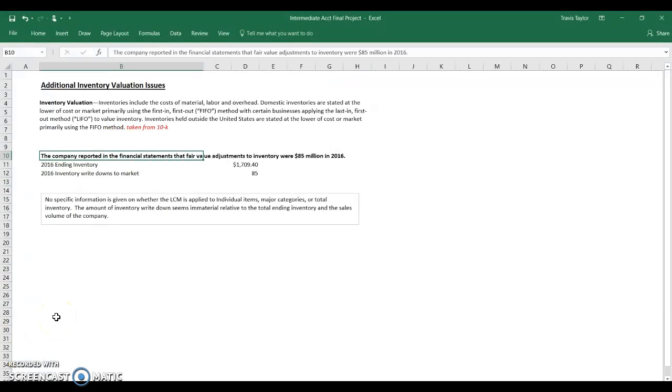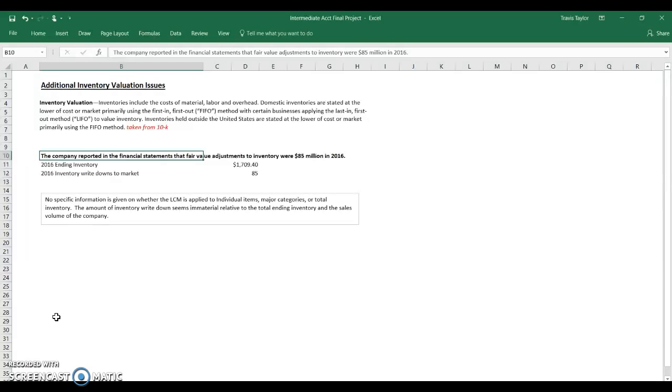In terms of additional inventory valuation issues, the company uses the lower of cost or market for its inventory valuation. They had to write down $85 million worth of inventory in 2016. This seemed to be primarily due to acquisitions.